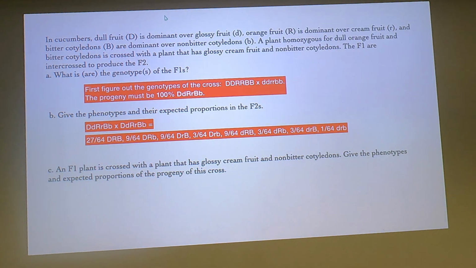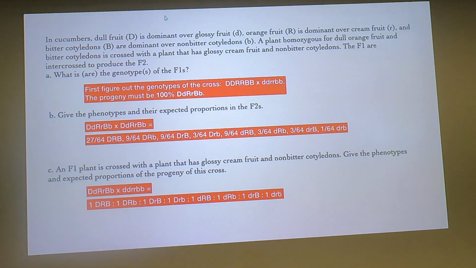No, big D, little d by little d, little d. Half and half. Half and half, yes. So we'll get 50% of each, and we can do the same thing for the other two, and then we multiply them together, and presto, we get this ratio. Equal numbers of each of the 8 possible arrangements of the alleles.